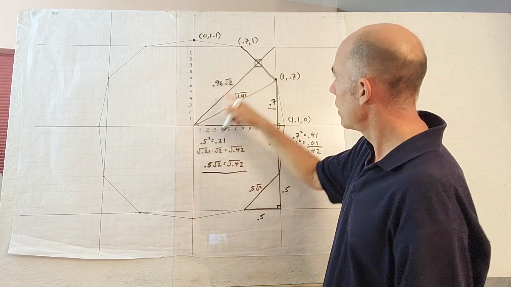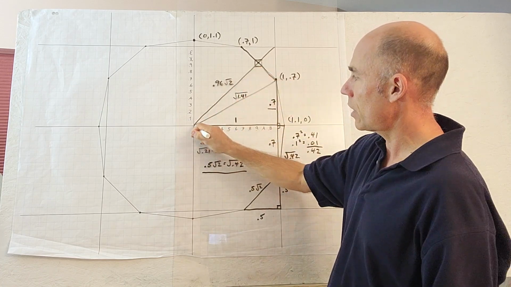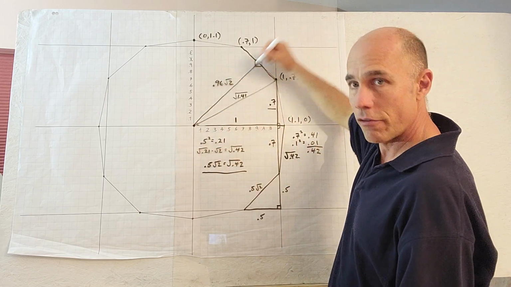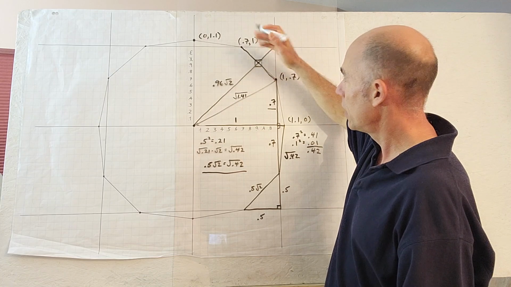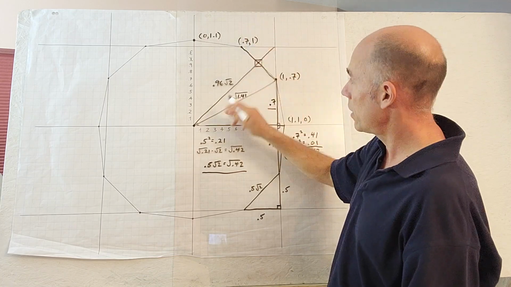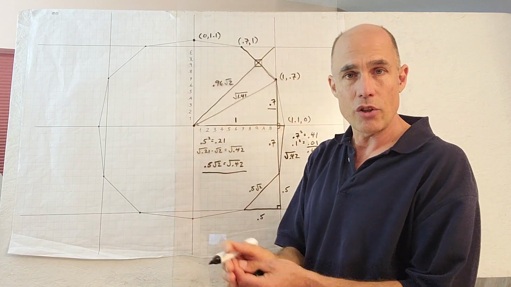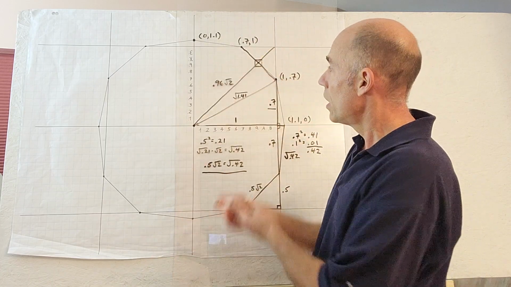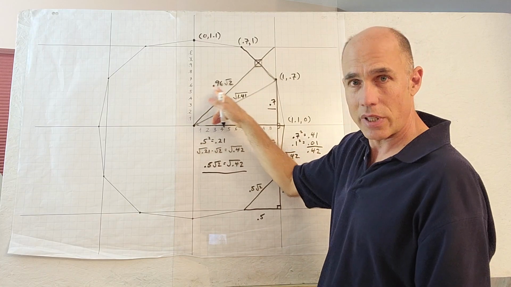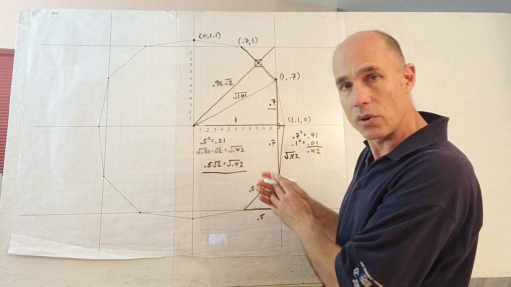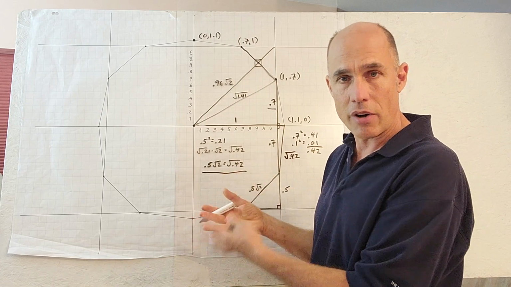So that's the length of this line here from this center point of the dodecagon to the point where the 45-degree line crosses the dodecagon up here. So again, square root of 2, square root of 2. We're going to be working in units of square root of 2, and we're going to be working in units of 0.96 root 2 and 0.5 root 2. These are the base units of the entire diagram to come.